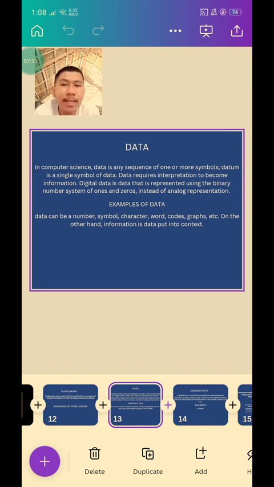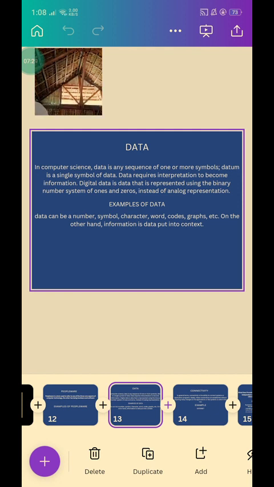Example of data: data can be numbers, symbols, characters, words, codes, graphics, etc. On the other hand, information is data put in a context.